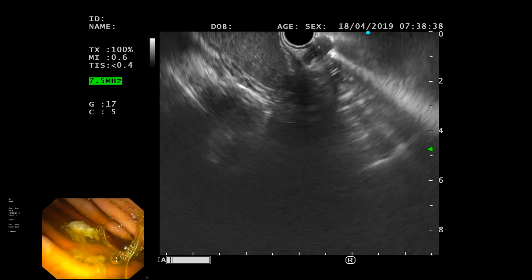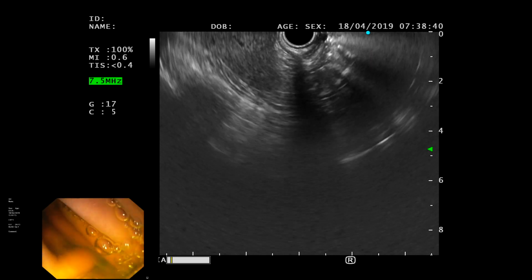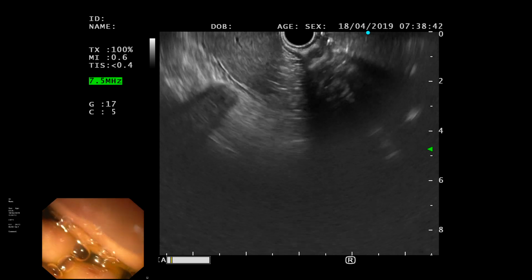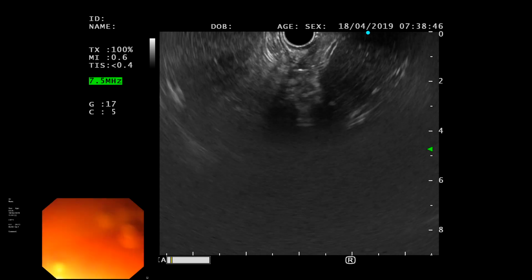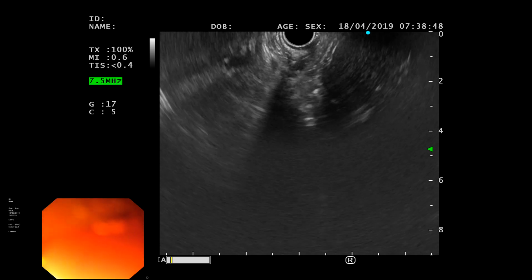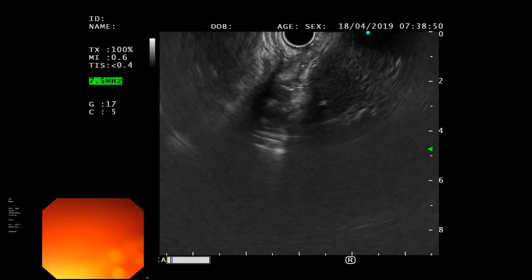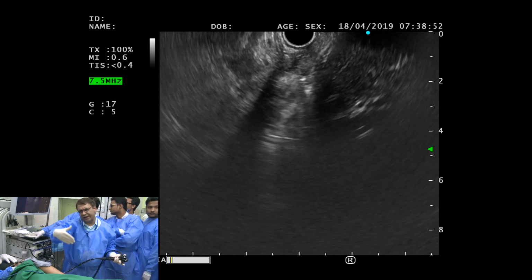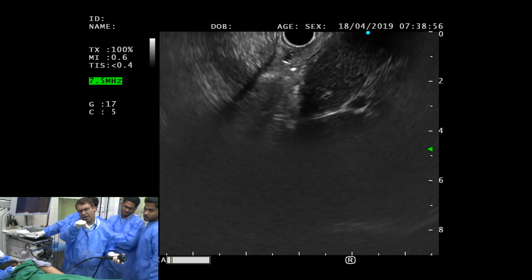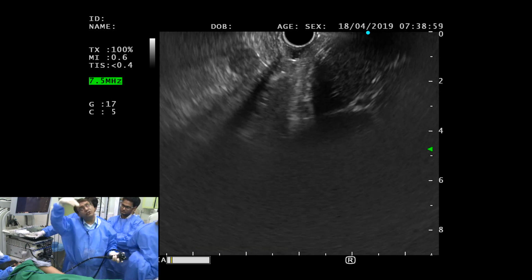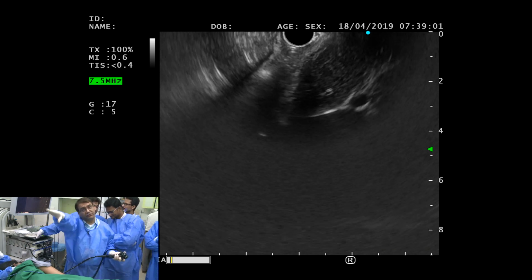Another thing I don't think I mentioned earlier: an EGD scope, or endoscopy scope, has a camera right in front of it. The ERCP scope, the side-view or duodenal scope, has a camera on the side, and you are moving forward. The way I give an example is like you are looking at the ceiling and moving towards the door.